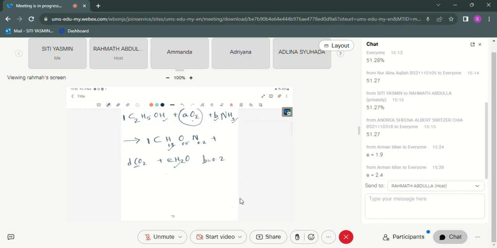Okay, so anyone got the answer? What's the value of the final one, which is the final oxygen balance?